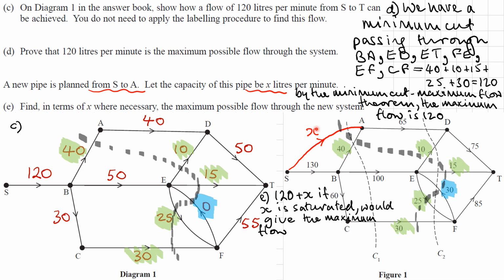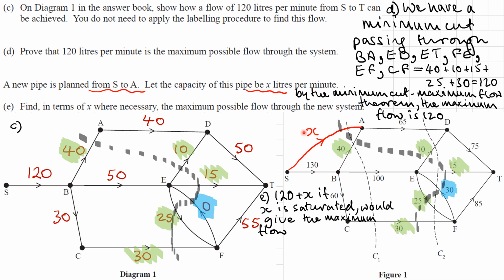Now, we do have a restriction as to how much X can flow, and that's 25, because if we look at vertex A, we've already got 40 flowing into it. We can only have a maximum of 65 flowing out. So the limit we have on X is going to be a capacity of 25.